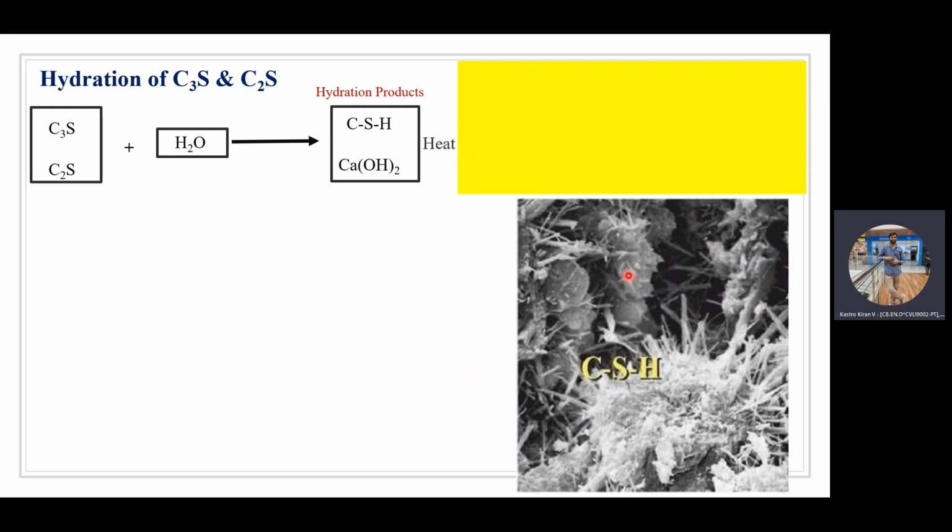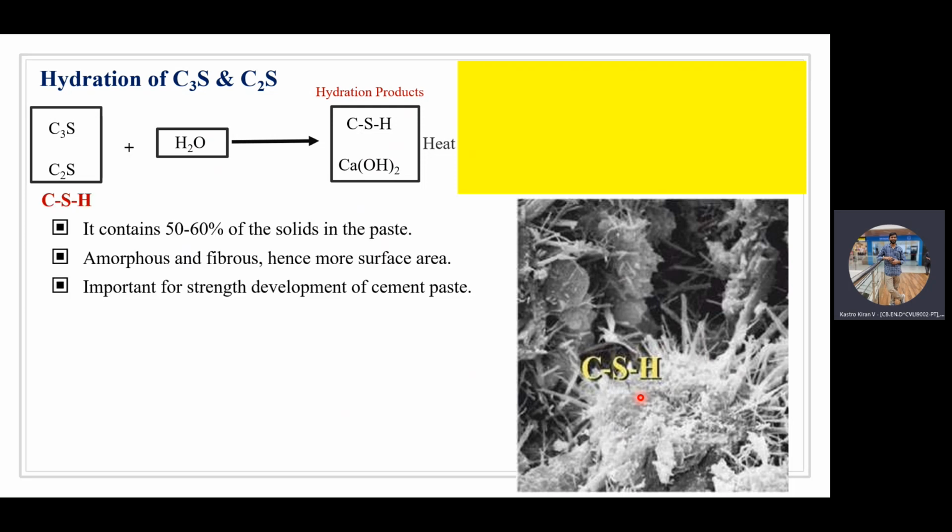Now, if you observe a cement particle during the hydration process, this is how the CSH will look. It looks like an amorphous fiber, like a fiber kind of material, like cotton. CSH contains almost 50 to 60% of the solids that are available in the paste.